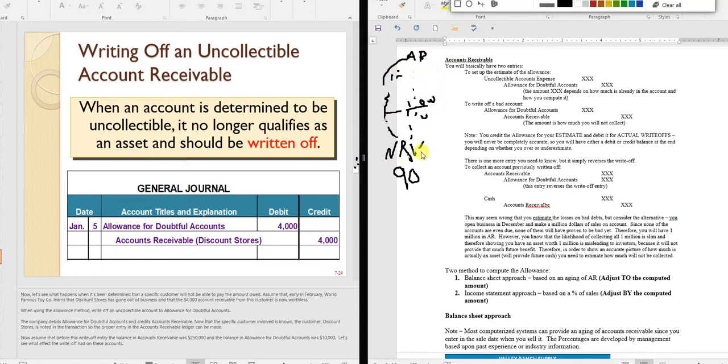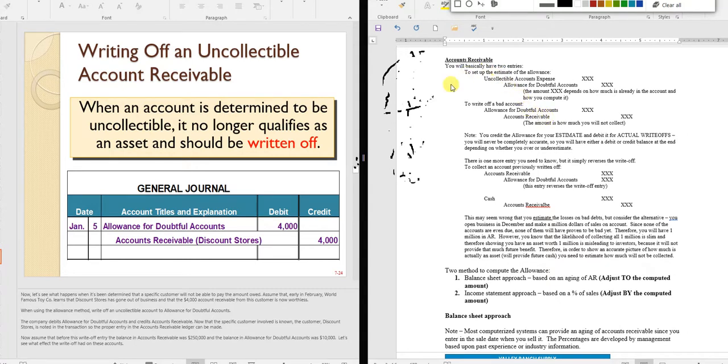So we knew that $10,000 would not be collected in our estimate. Now we know whose it is. So once we know whose it is, we can take it out of the allowance, because I no longer have to allow for it, which means I don't know whose it is. It's my estimate, because I know whose it is, and I can take it out of accounts receivable.